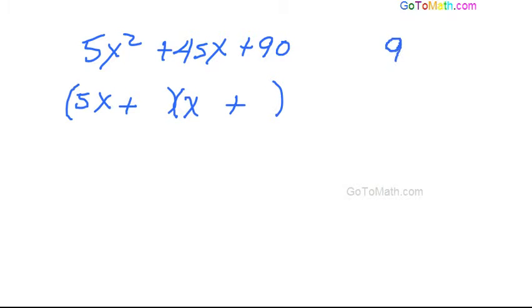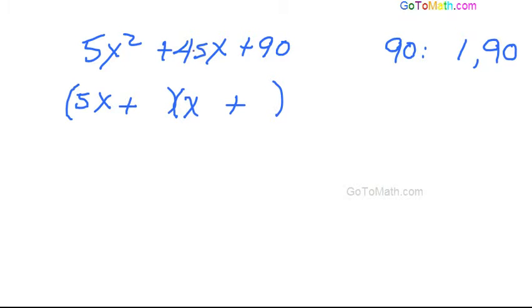All right, now let's take a look at 90. What do we have here? Well, it could be 1 and 90. If this were a 90 and this were a 1, you would have 5 times 1 plus, no, that's not going to work.